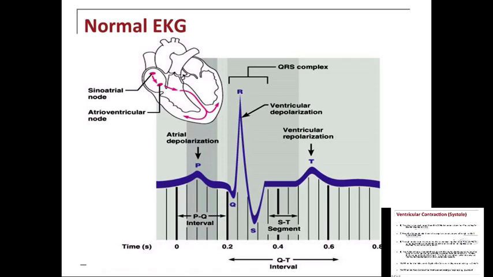Okay, and then when those ventricles contract, that's ventricular depolarization or ventricular systole. That's the QRS wave that really does spike quite a bit.